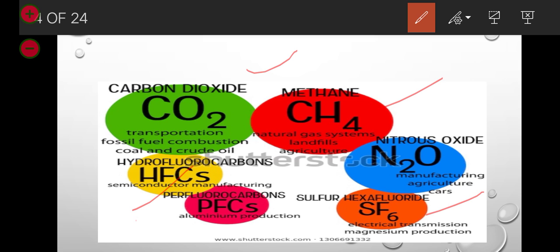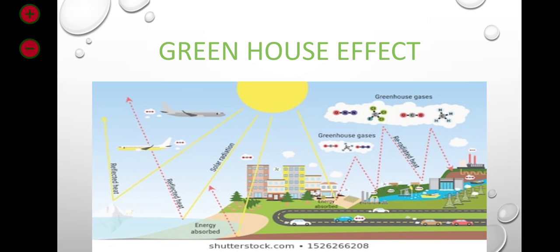Nitrous oxide: manufacturing, agriculture, cars. So these are the sources of greenhouse gases released into the atmosphere. Let us go to the next slide. Greenhouse effect: with the help of a picture, we will understand one more process.